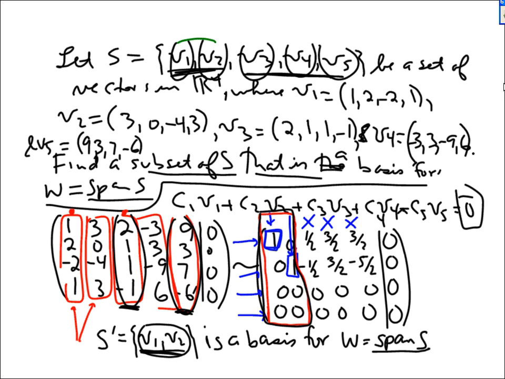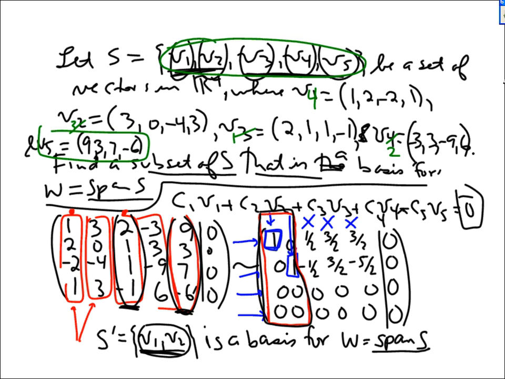Now, I just want to make one comment. If I reordered this, that is, maybe I call this vector v4 and this vector v2 and this vector v1. So what do I have? 2, 4, and 1. So I need 3 and 5. This is v3, and I'll keep v5 the same.